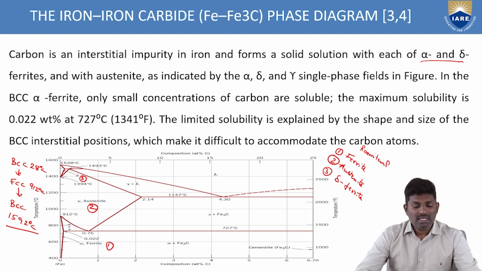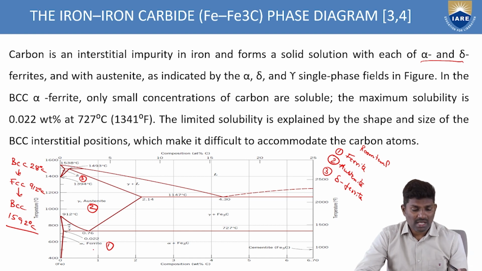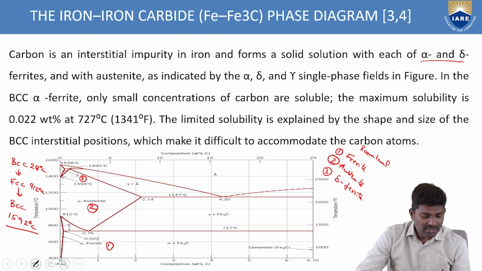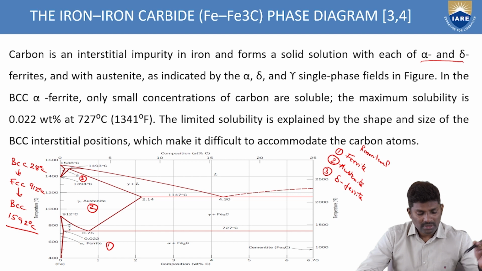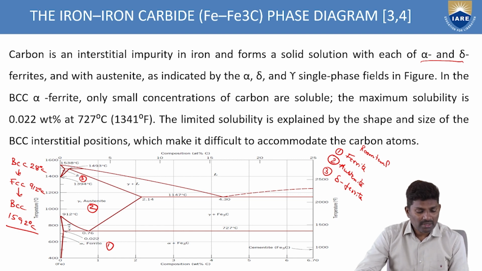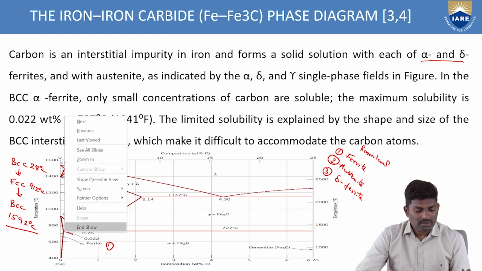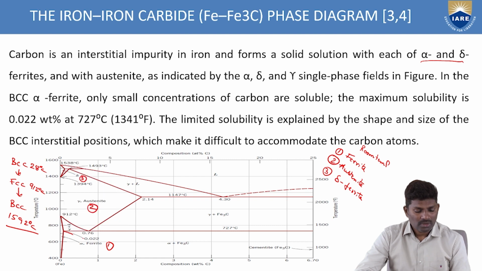And of course, these are the changes in the crystal structures at different intervals of temperature. Now in the figure, in the phase diagram, you see the BCC alpha ferrite, that is the first one. How much weight percentage does it have? At this point, it has 0.022 weight percentage, at what temperature?